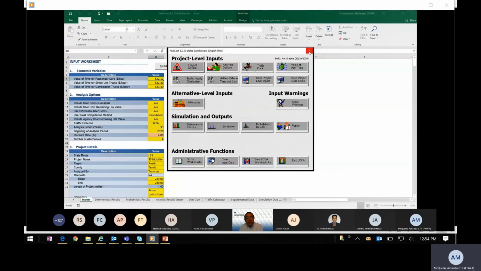Another enhancement is that in the past, when you are setting up RealCost, you have to install it, which means that you need administrative rights to first install the program. But once you install, you don't need the administrative rights to use the program because it's an Excel worksheet, but there's a library that it uses that needs to be registered.